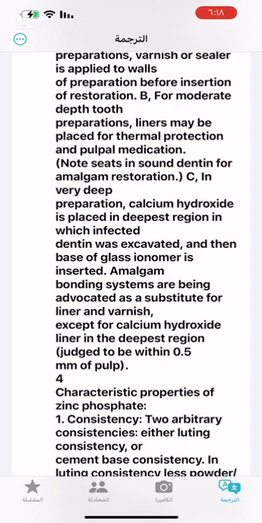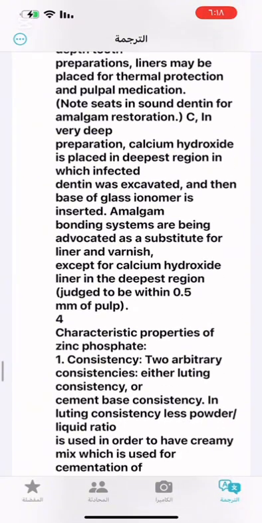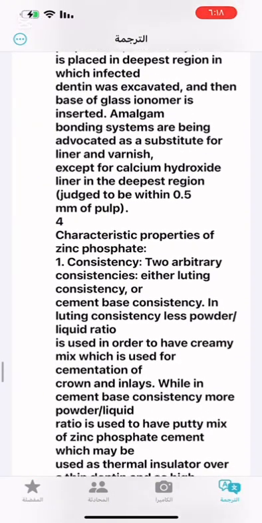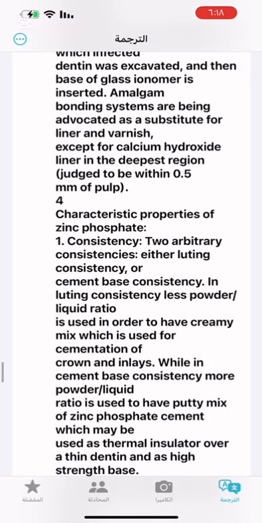C. In very deep preparation, calcium hydroxide is placed in deepest region in which infected dentin was excavated, and then a base of glass ionomer is inserted. Amalgam bonding systems are being advocated as a substitute for liner and varnish, except for calcium hydroxide liner in the deepest region, judged to be within 0.5 mm of pulp.